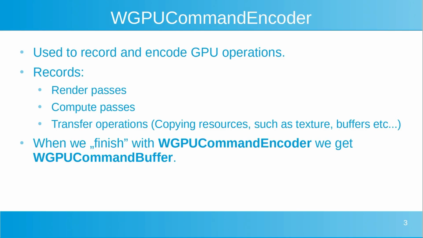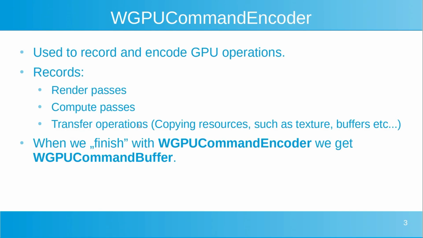We can record the previously mentioned render pass, right? So if you want to draw something to the screen. We can encode a compute pass, if you want to use your GPU as an accelerator for some code that you would usually run on the CPU, usually machine learning, stuff like that, and maybe particles as well, physics as well.